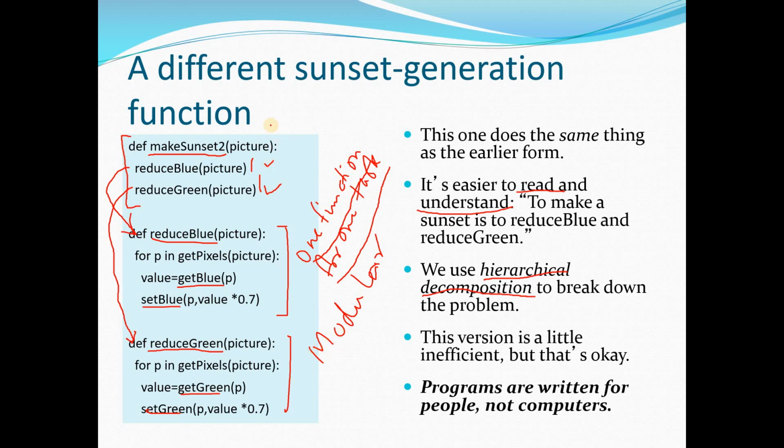So you have a problem: you have an image and you want to make a sunset effect for that image, and you break down that problem into two smaller problems. Smaller problem number one is reduce blue, and number two is reduce green. So your bigger problem, make sunset, is reduced into two smaller problems, and then you make two separate function calls to solve these two smaller problems.